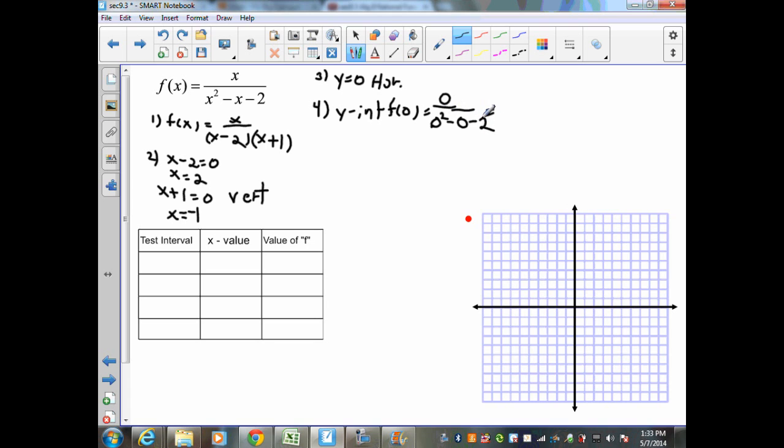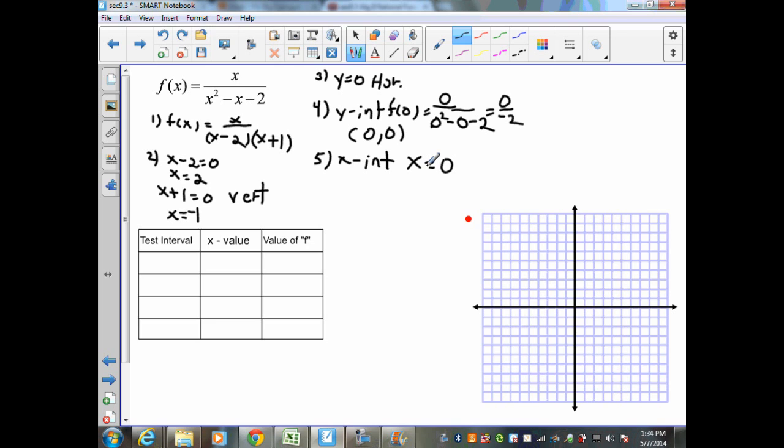And I get a value of 0 over -2. So I have a y-intercept of (0, 0). Now on step 5, I want to find my x-intercept. I set my numerator equal to 0 because it would eliminate my denominator either way. So I would get x equal to 0, and my (0, 0) is my x and y intercept.